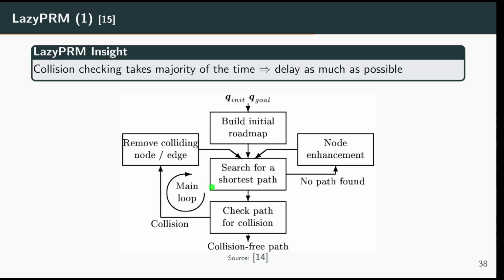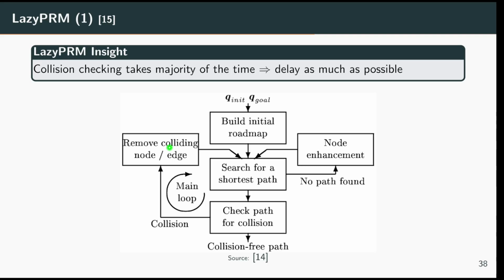And so the key idea of LazyPRM is that we build a roadmap ignoring the potential conflicts, and we search for the shortest path in that roadmap, and then we only check for collisions in the final solution path that we found. And then if it's collision free, we are done. If there is still a collision, then we try to repair our roadmap to address it. Typically that means we have to remove things that we now figured out are actually not valid.